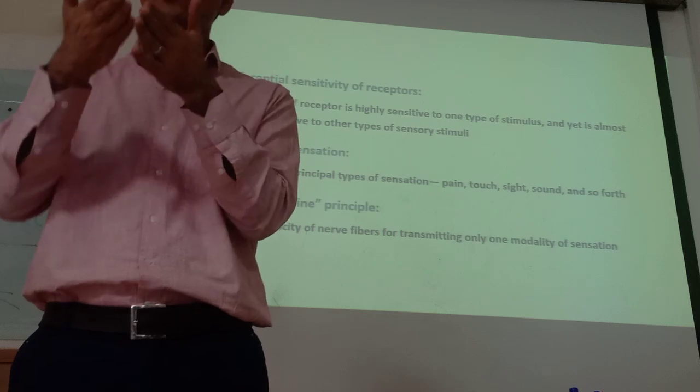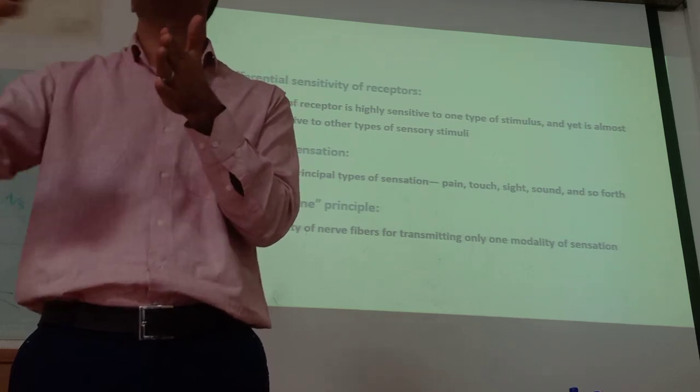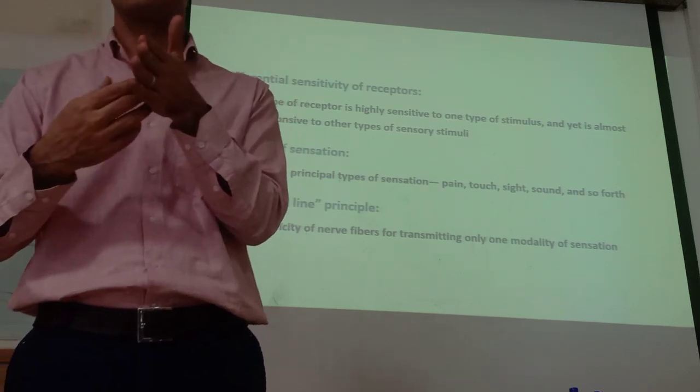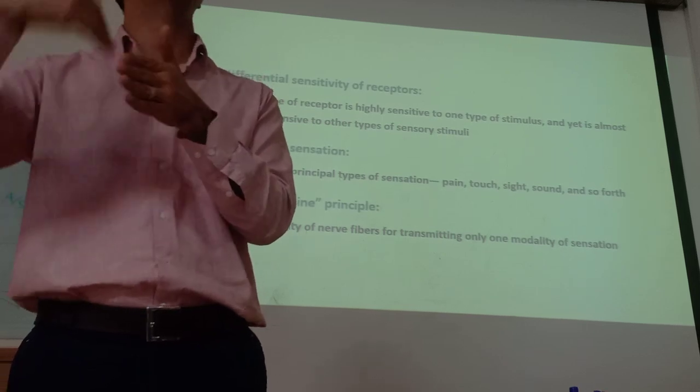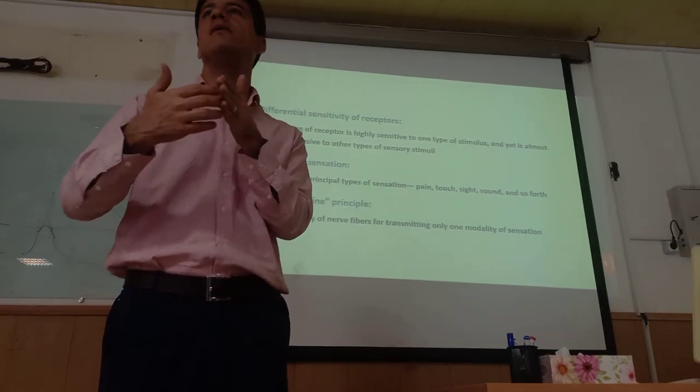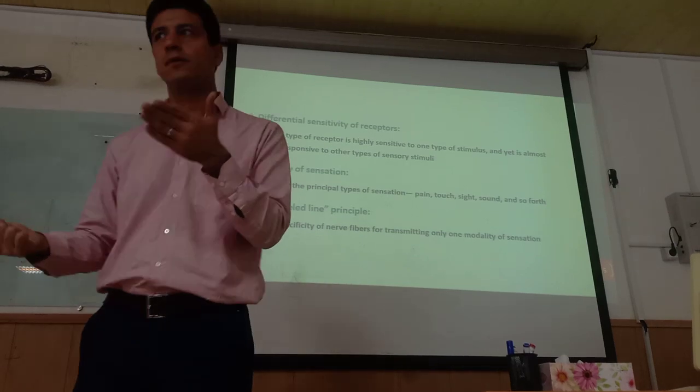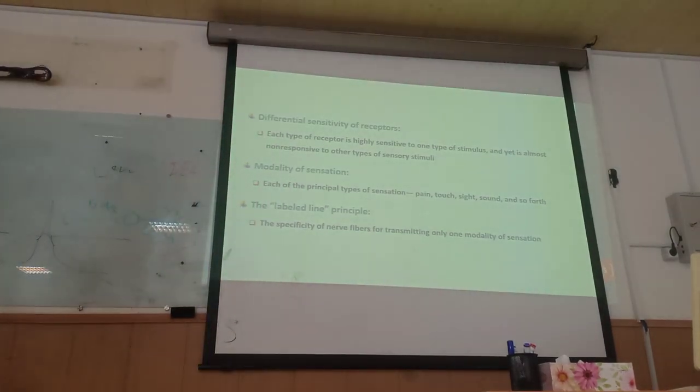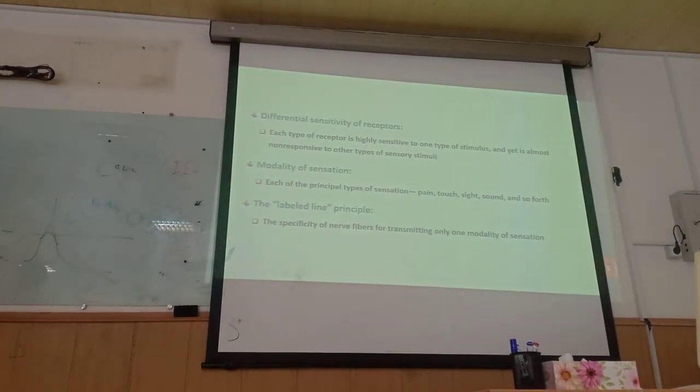So an action potential in one nerve may mean pain. Another action potential in another nerve may mean touch. So that's why we say that each fiber is a labeled line.